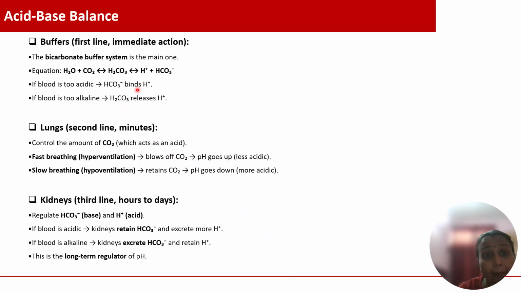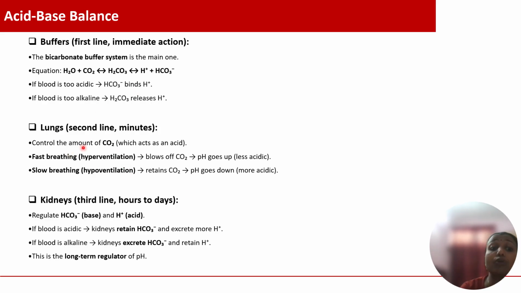If the blood is too alkaline, H2CO3 releases H plus. This is something of chemistry, just to keep in mind for understanding purposes only. We will not get any direct question from this normal part. Most of the time we get questions from acidosis, alkalosis and abnormalities. So let's see what is happening in the normal things.